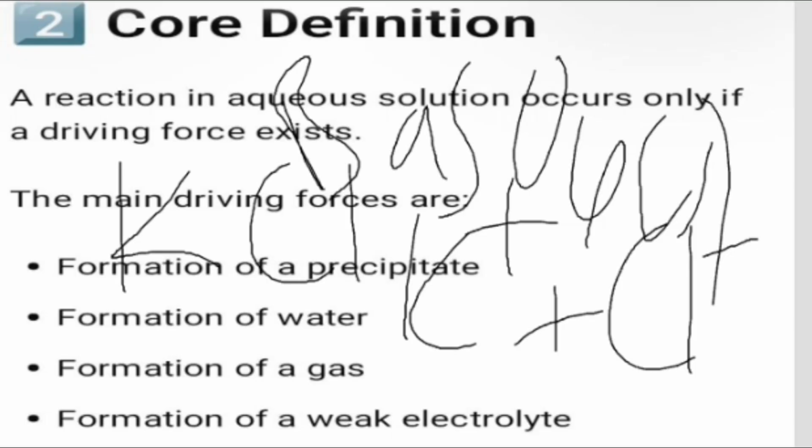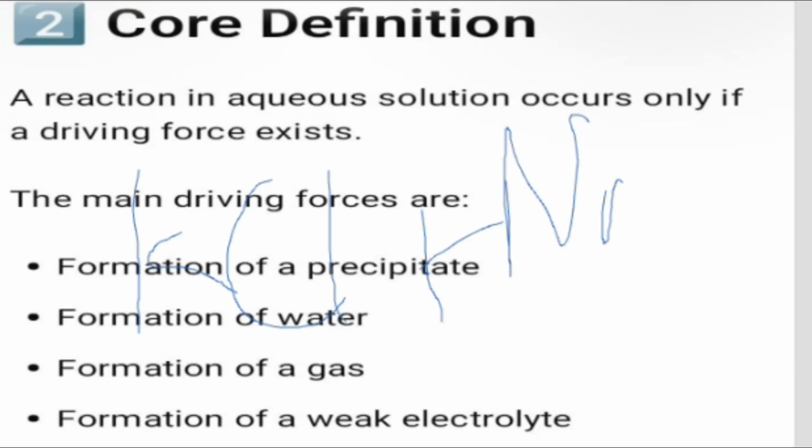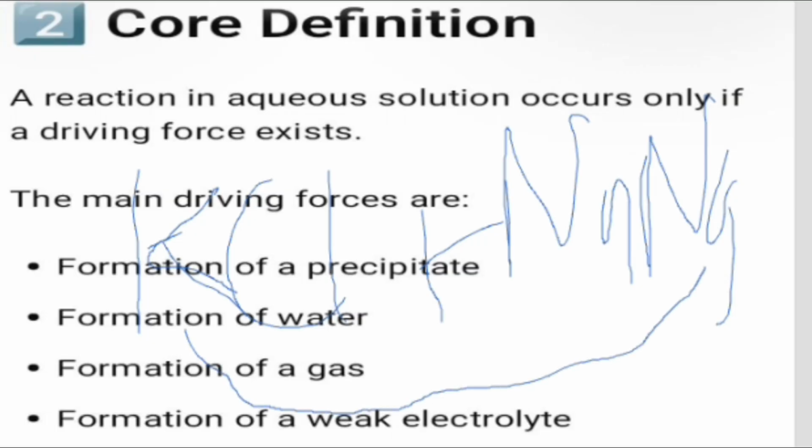For example, potassium chloride and sodium nitrate: the potassium will get nitrate, and sodium will get chloride. So that is double displacement.